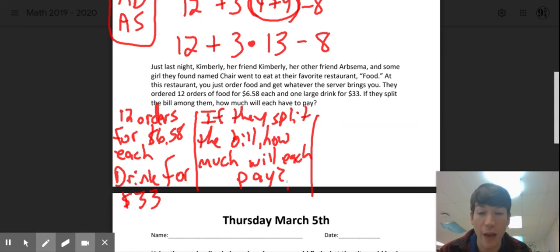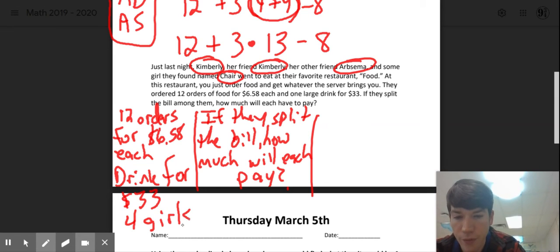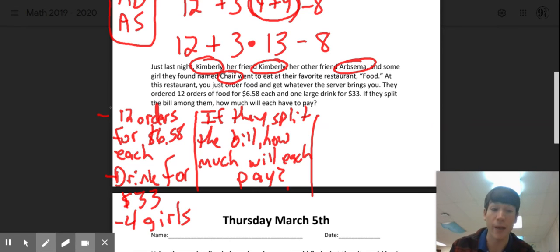And then they also ordered that one large drink for $33. Now, when I see this, if they split the bill, I'm already thinking, well, how many ways are they going to split it? If I look up here, how many people are going to split that bill, I'm going to say there are 4 girls, which is going to be helpful here.